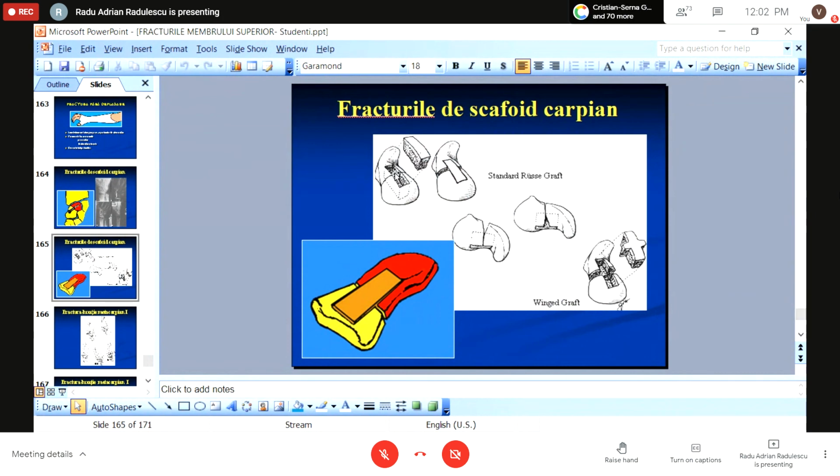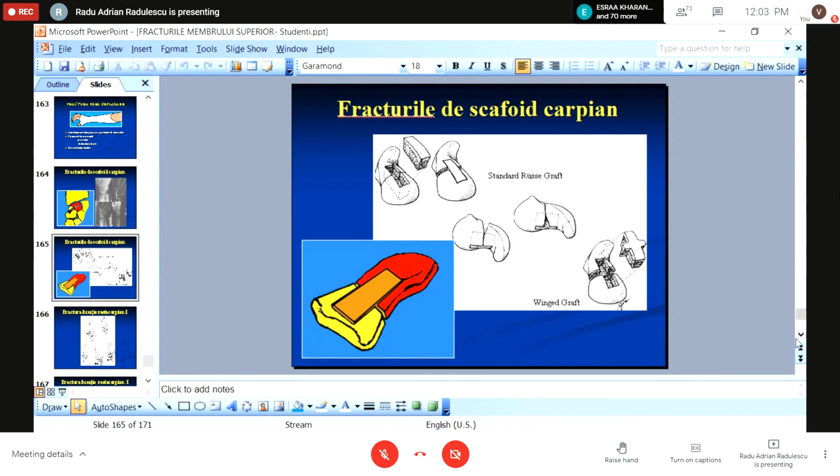We will harvest a small piece of graft from the level of the radial styloid and then apply it at the level of the fracture site in a special groove in order to bring cancellous bone and reinitiate the union process.